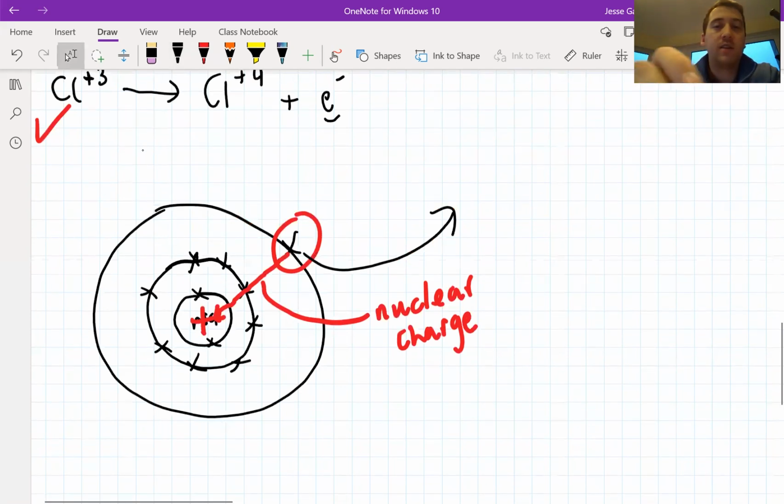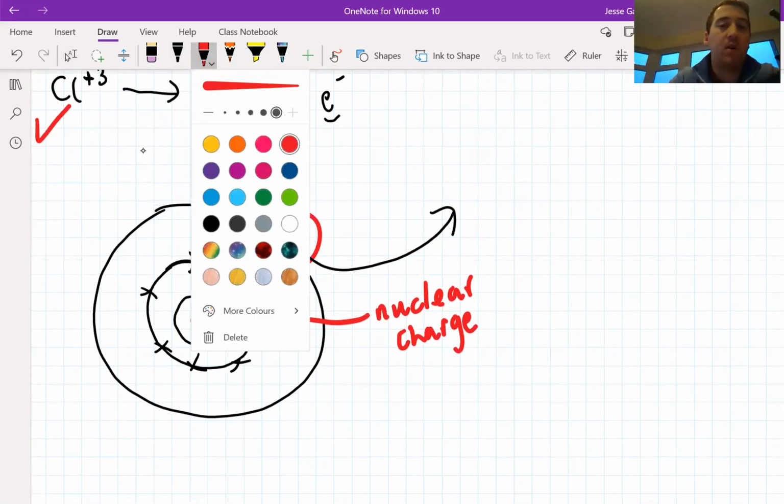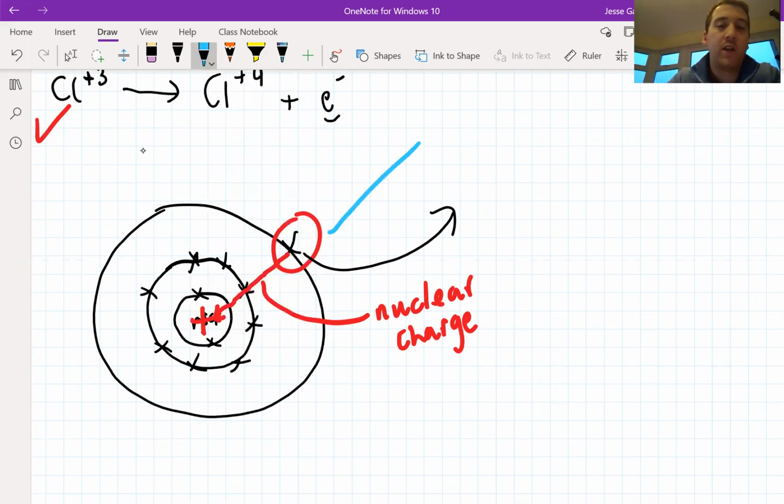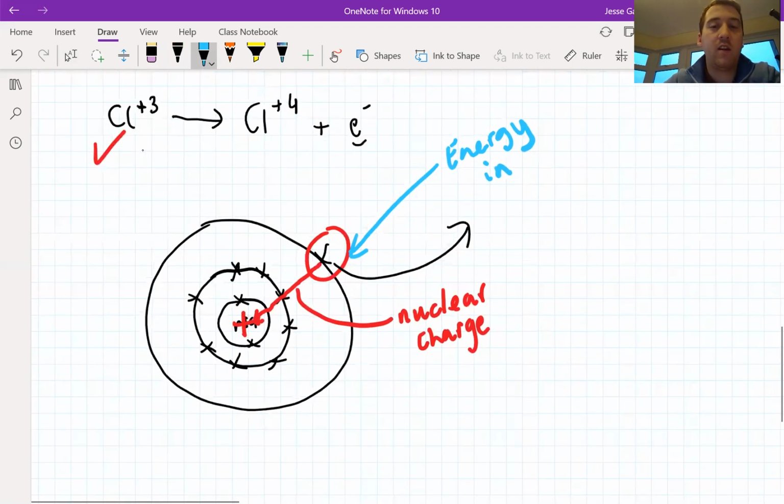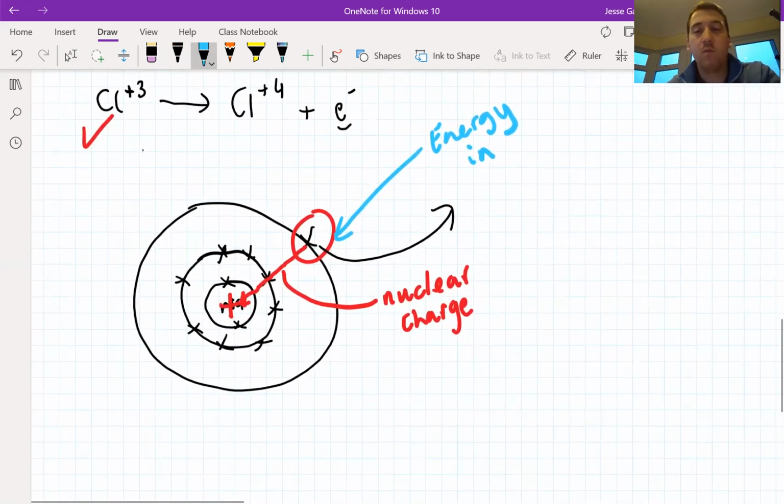Now, to do this, we're going to require what we call an energy input. So energy is going to have to be put in. Energy in will help you to remove the electron. So you'll give the electron enough energy that it can actually leave its orbit and detach from the atom altogether.